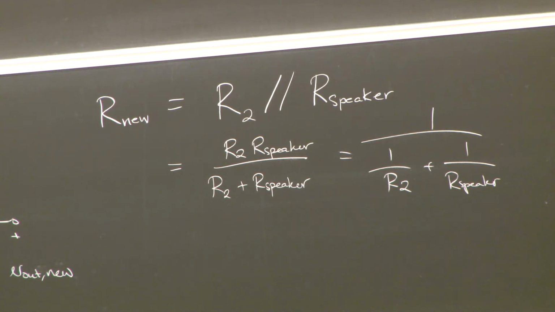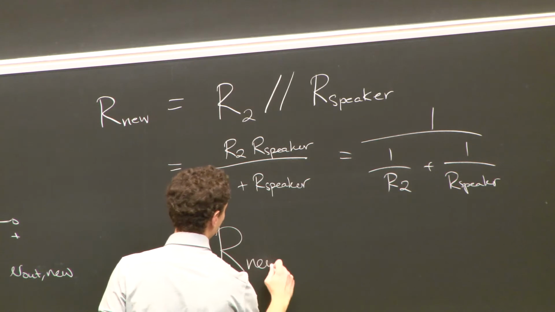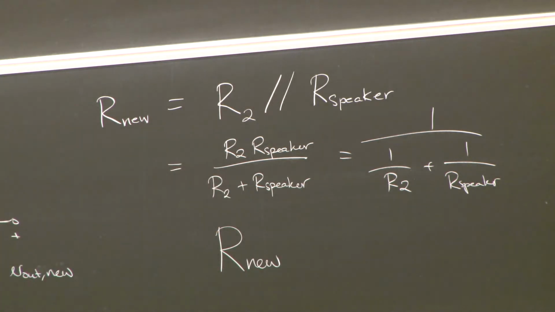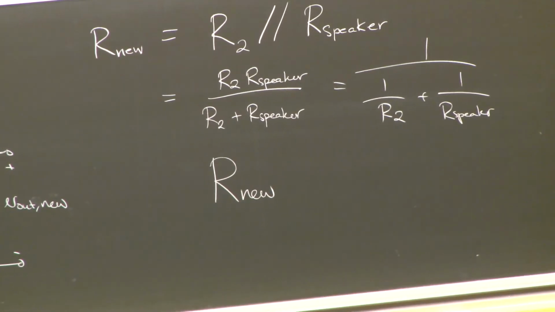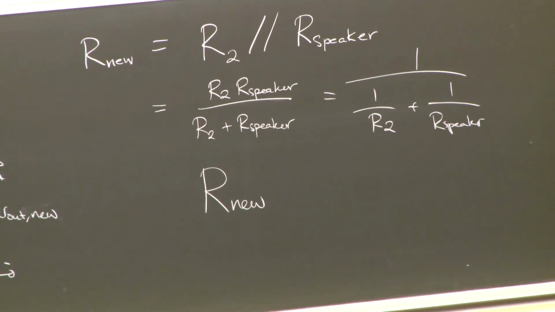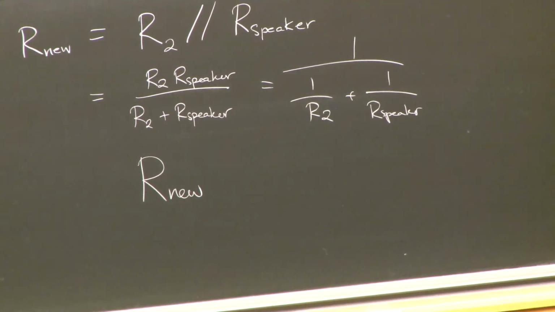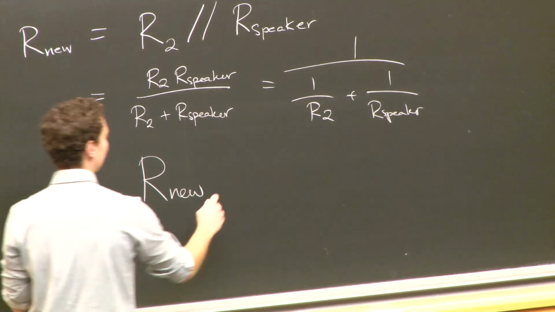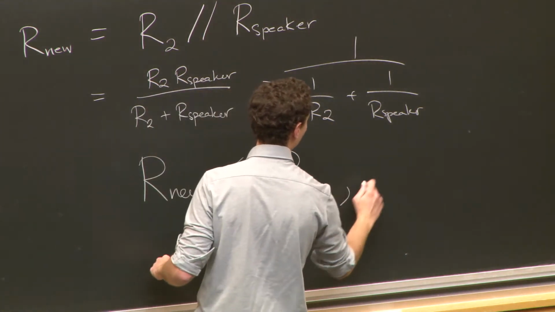Now, what can you say about R new and the resistances R speaker and R2? Who thinks that the new equivalent parallel resistance is greater than one of those two resistors? Nobody. Well, that's good, because it's actually less. It must be strictly less than R2 or R speaker.